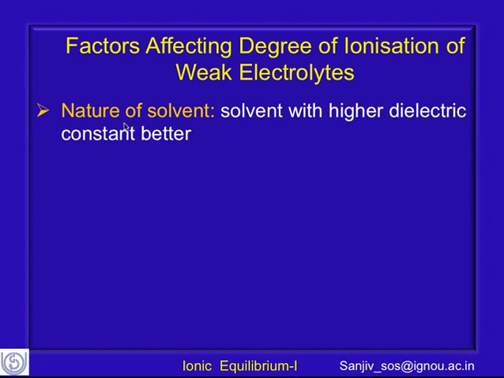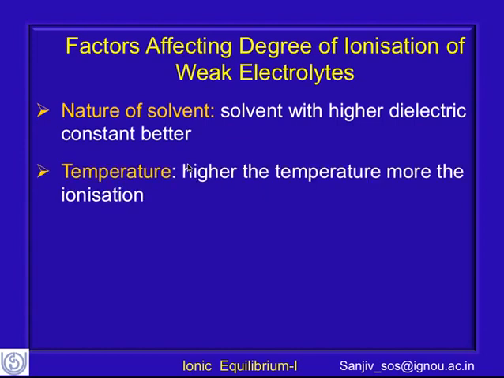So the extent of ionization of acetic acid will be much more there. But if I take acetic acid in some non-aqueous solvent, it won't ionize to the same extent. So the nature of solvent affects it in that sense. That means in any solvent with a higher dielectric constant, there will be better ionization of the electrolyte. That's one.